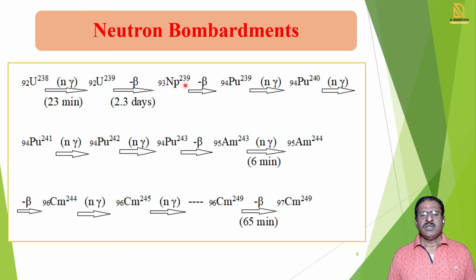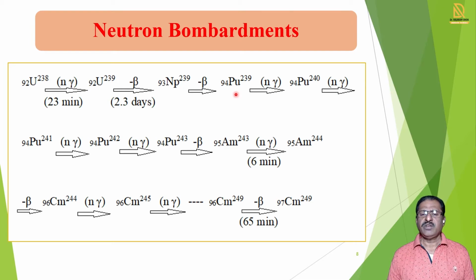Now again, this Np 93 239 is also unstable. Its half-life is only 2.3 days, and it eliminates again a beta particle and forms plutonium 94 239. This plutonium 94 239 is stable.